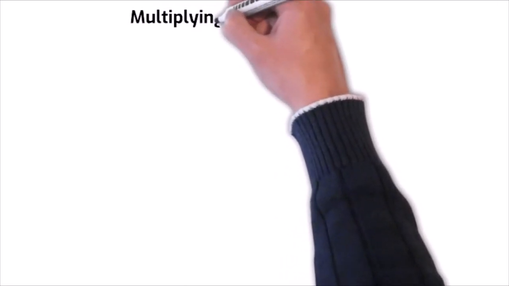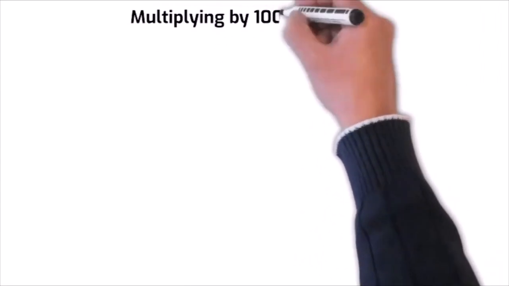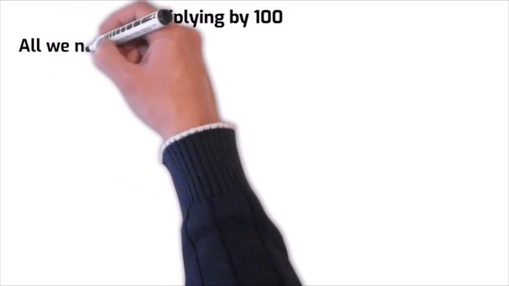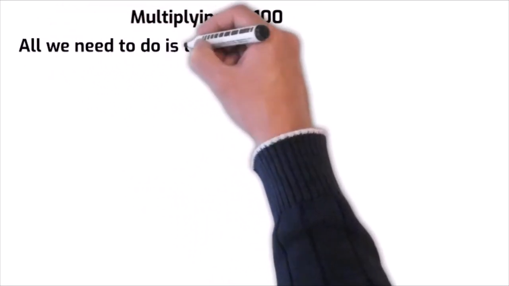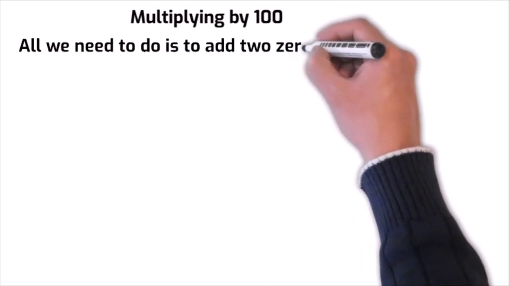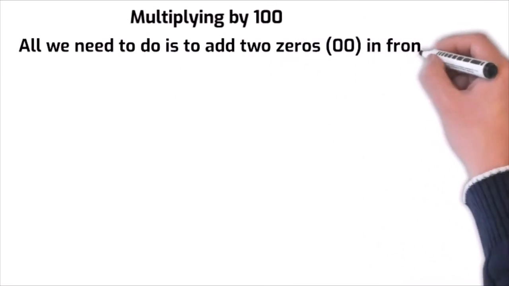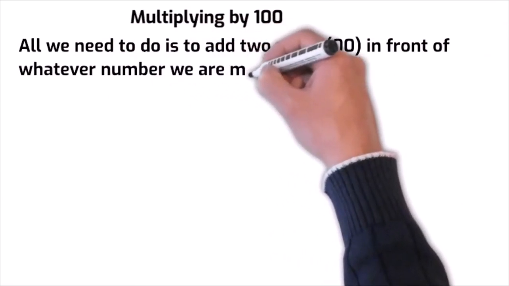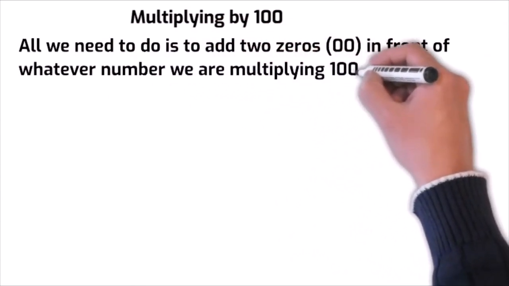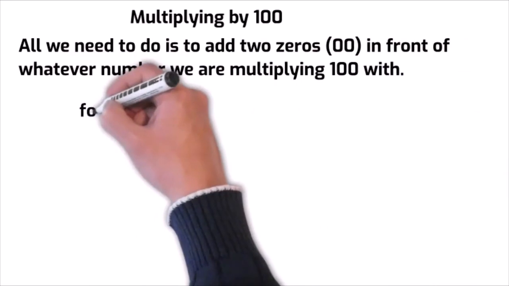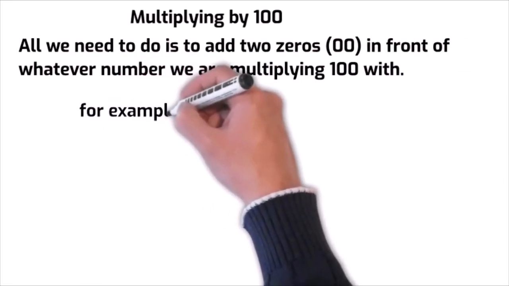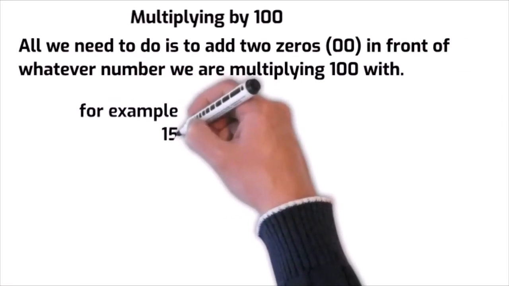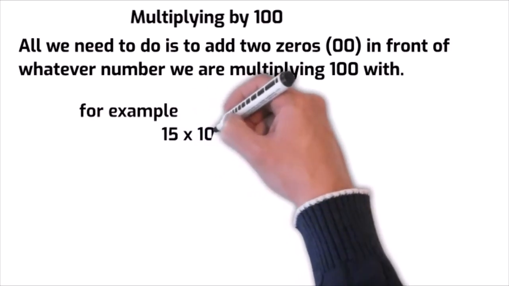What if we are multiplying by 100? What should we do? All we need to do is to add 2 zeros in front of whatever number we are multiplying 100 with. For example, 15 times 100.